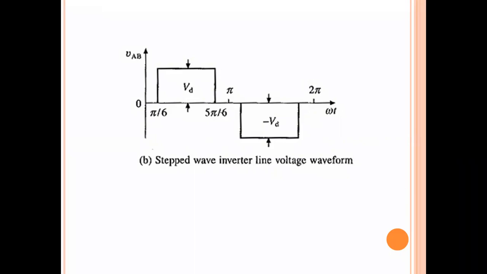In order to eliminate all these drawbacks, PWM inverter operation is preferred over the stepped wave operation. And we will see the PWM inverter operation of the induction motor drive with voltage source inverter in the afternoon class. Okay, thank you.